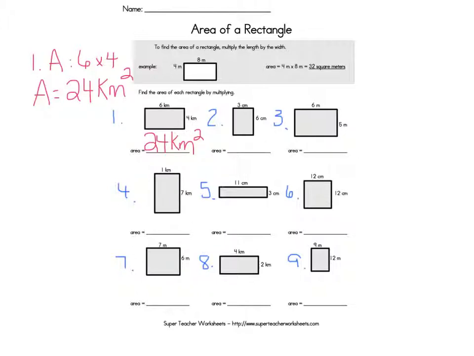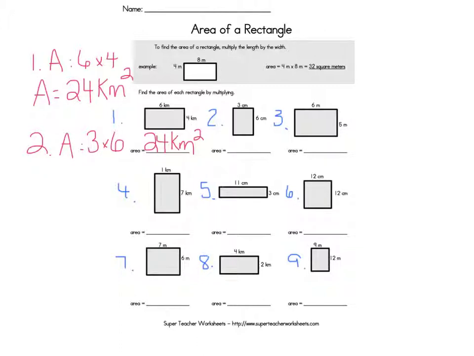Number 2, the length of this rectangle, we could say, is 3 centimeters, and its width is 6 centimeters. It really doesn't matter either way that you do it, because you might look at the rectangle a little bit differently, and maybe you want to say that the length is 6 and the width is 3 centimeters. Either way you do that, you're going to have that A equals 3 times 6, or 6 times 3.